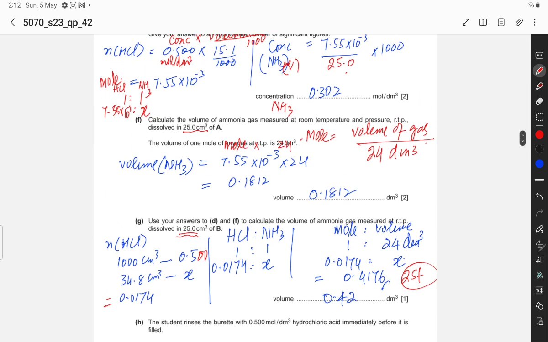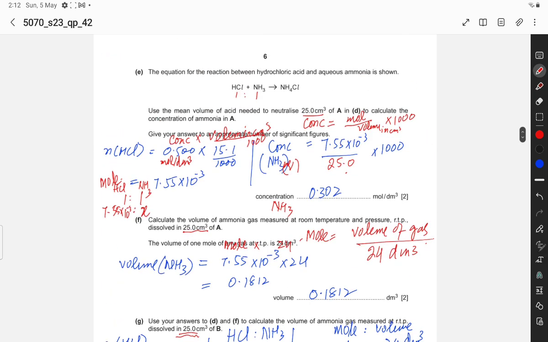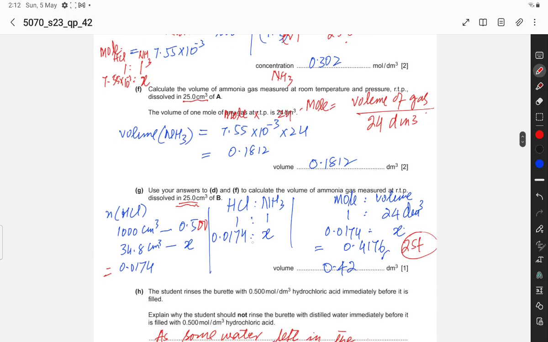The mole would be 0.0174. We need to take the mole ratio between ammonia and HCl. There is a 1:1 ratio in this equation, so we get the mole of ammonia by using the mole ratio. We know that 1 mole has 24 decimeter cube volume.